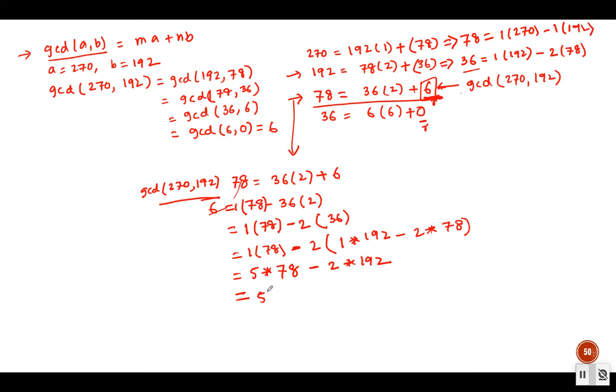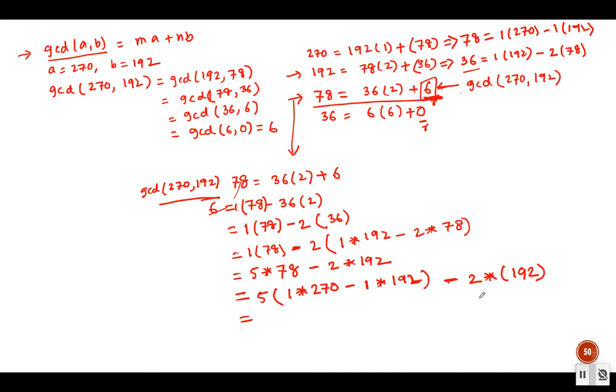So let's write it here: 5 times 1 times 270, minus 1 times 192, and minus 2 times 192. I think now you can understand how I am going to find my right hand side.